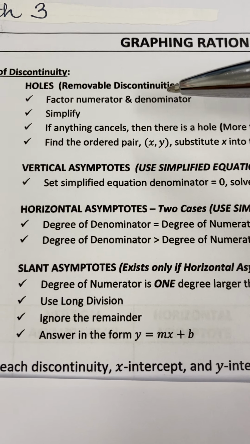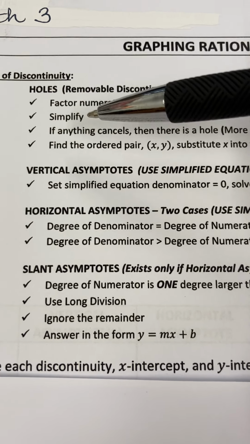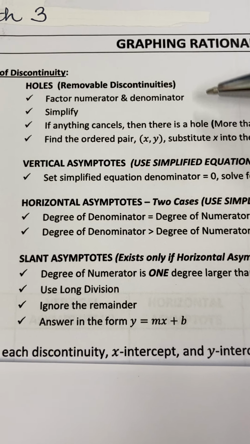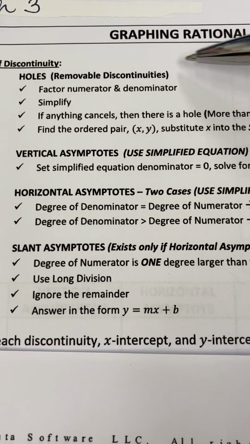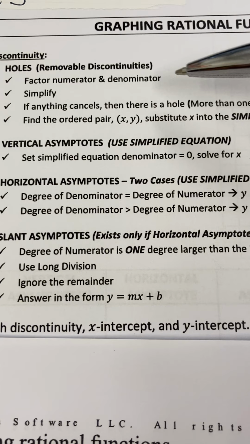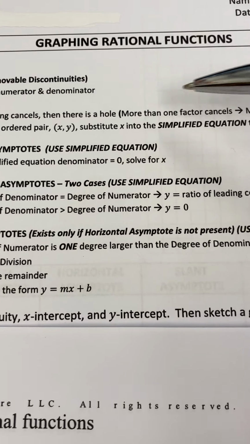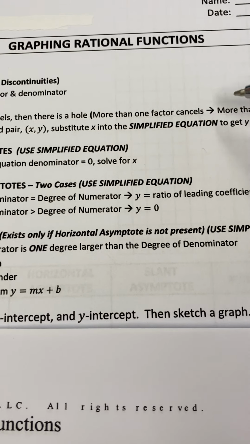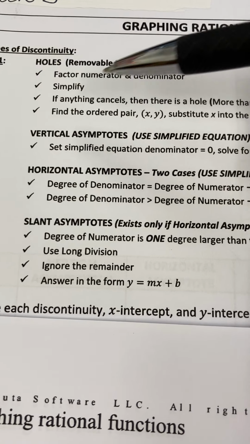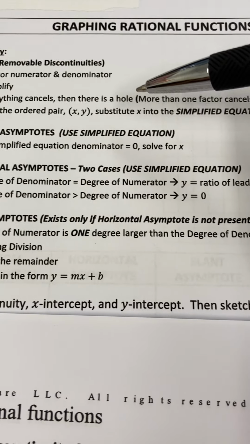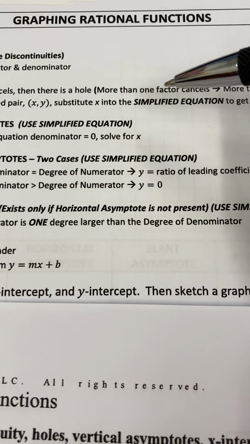You factor the numerator and the denominator and simplify it down. That was like when we were doing our multiplication and we put them in parentheses and canceled out. If anything cancels, then there is a hole. If there's more than one thing that factors out, there's more than one hole. Find the ordered pair x and y: substitute the x into the simplified equation and get the y.